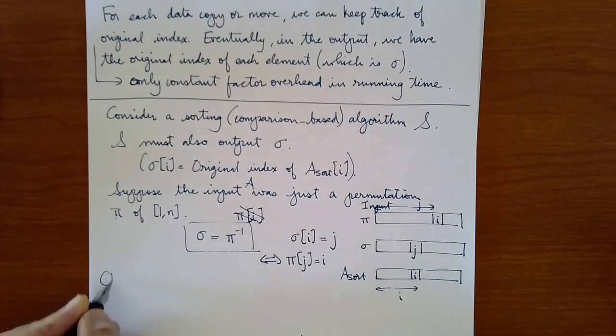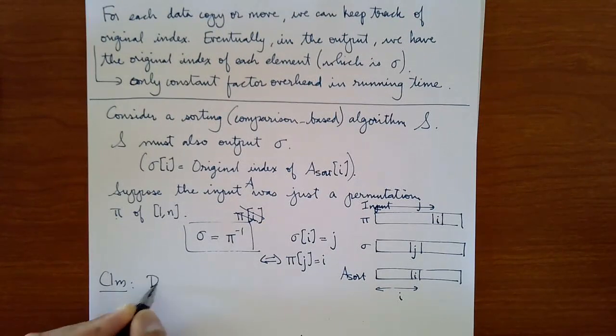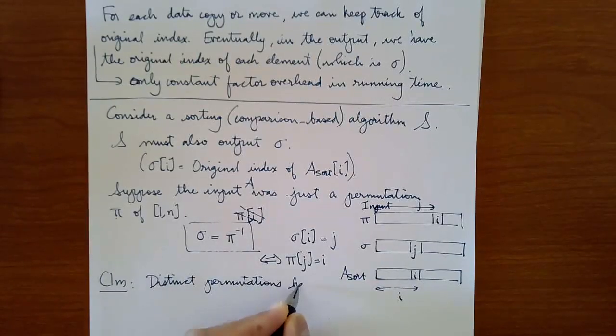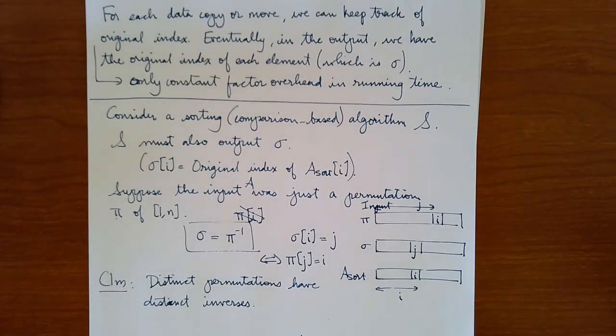Moreover, a simple claim that you can verify is that distinct permutations have distinct inverses. Okay, why am I saying this?